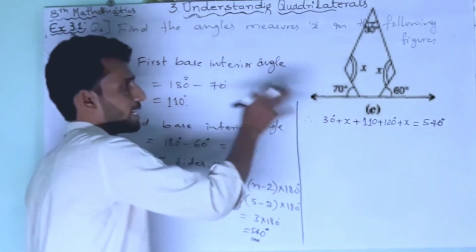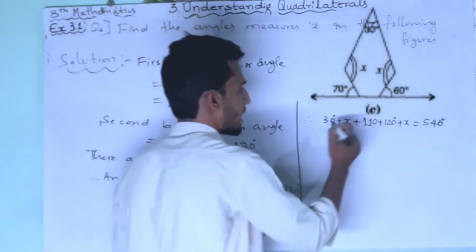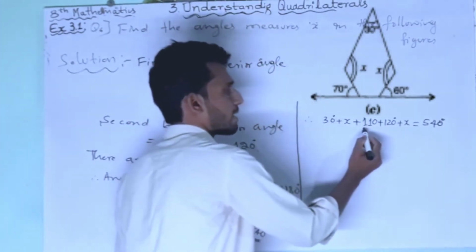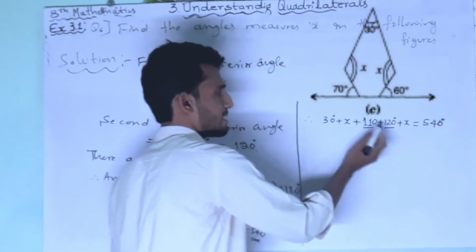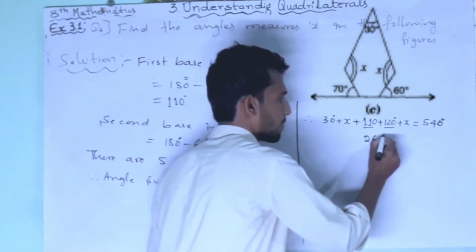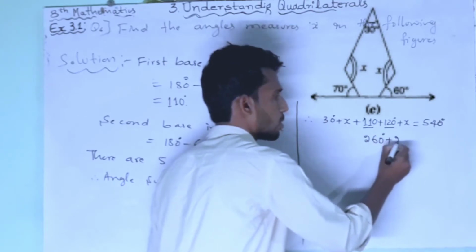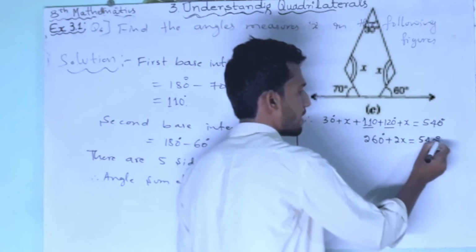These angles are given in this figure. These are the interior angles. Now we have to find out your x value. Adding 110 plus 120, you will get 230, plus 30, you will get 260 degree plus 2x is equal to 540 degree.